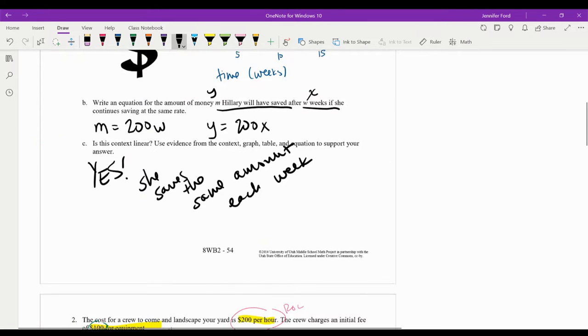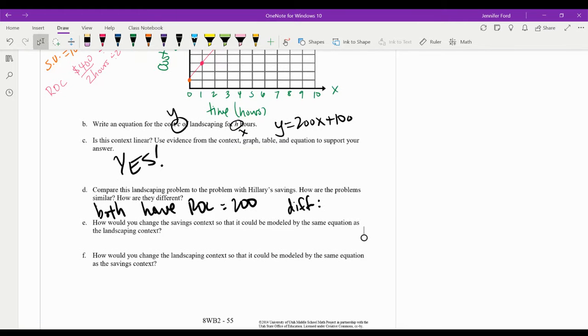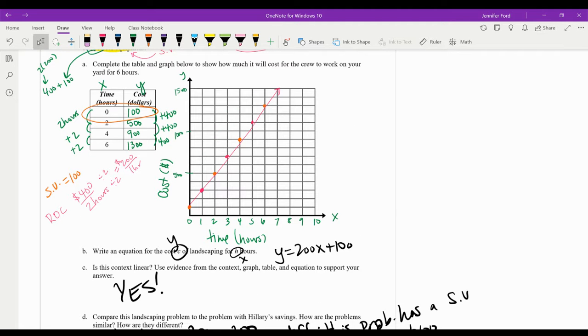So first of all, the landscaping problem has a starting value of $100. So all of the points in the table are $100 more than what Hillary's was.